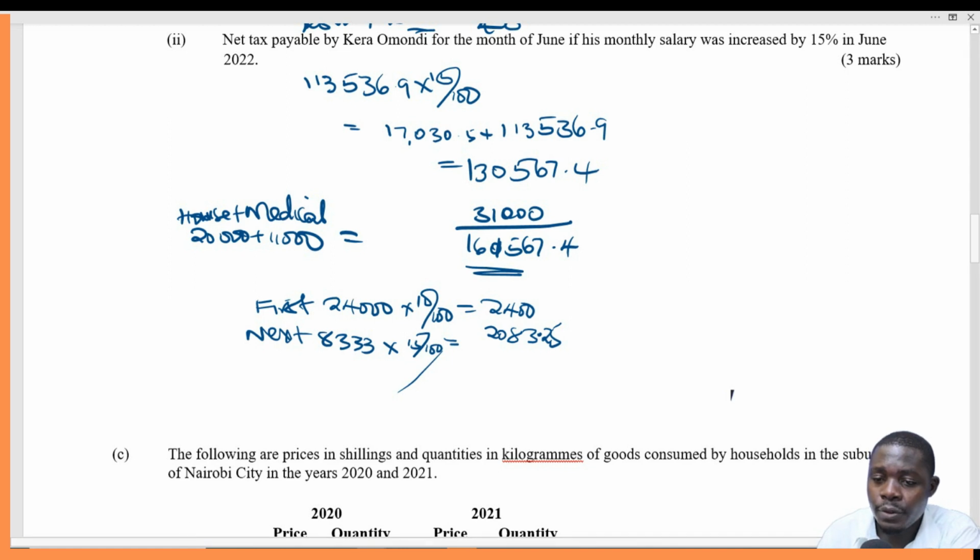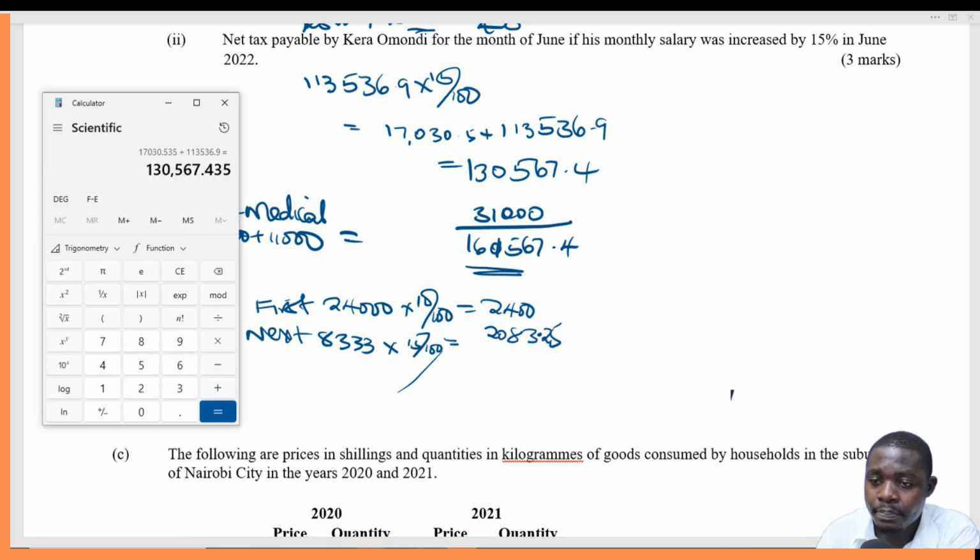Now we are going to have 161 at 31,000. 161 we are minusing 32,333.